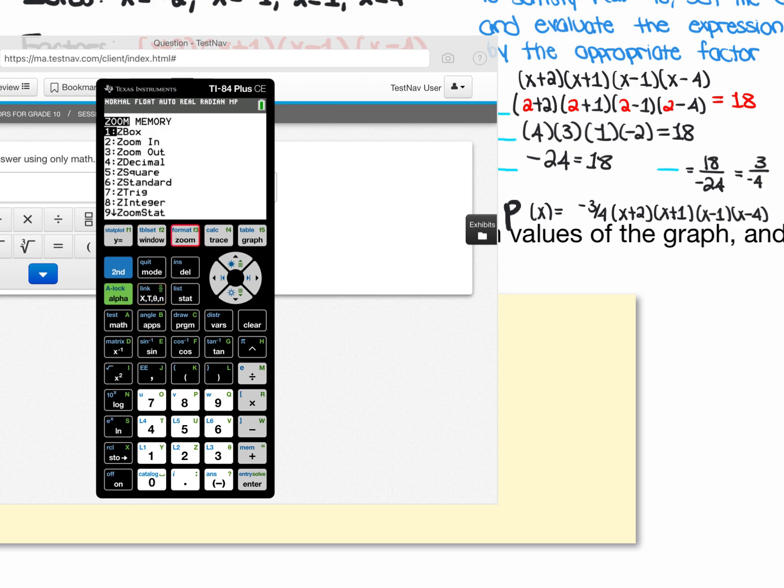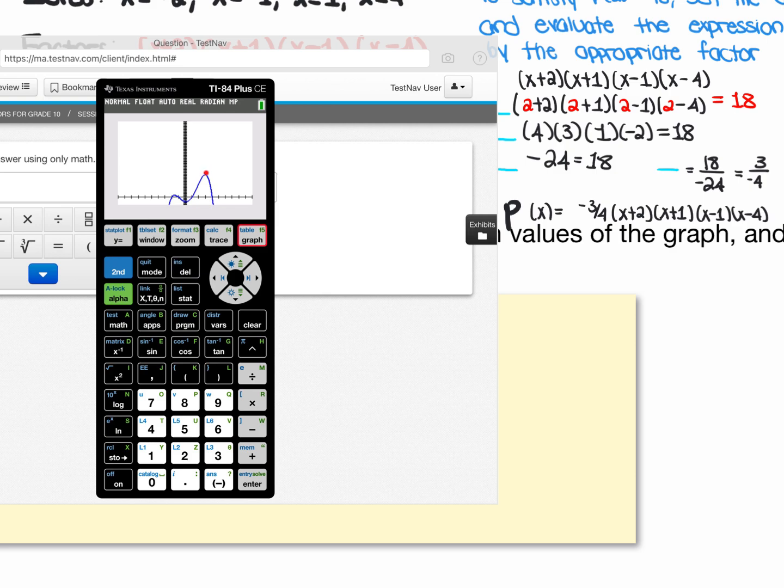I hit zoom 6 and I get this window. I need to adjust my y max now to be about 100 because I need to be able to see when my graph changes direction. It changes from increasing to decreasing here, from decreasing to increasing here, and again from increasing to decreasing. So I need this point, and this point.